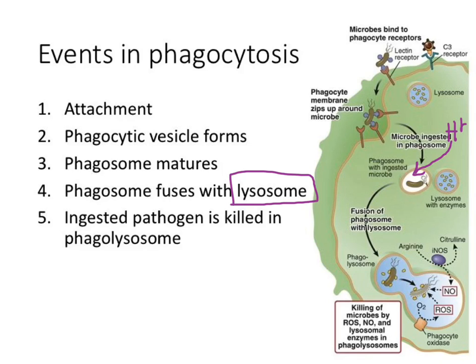So those are the main steps of phagocytosis. A break in any of these steps can lead to the inability to degrade the microorganism. There are some individuals who are immunocompromised that actually lack the enzymes that produce these reactive oxygen species.